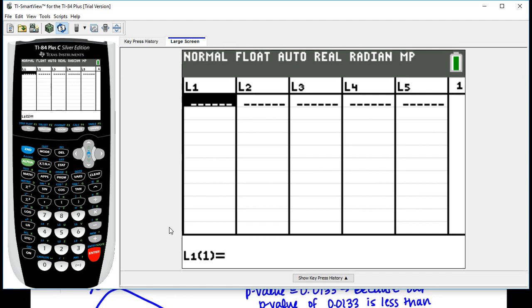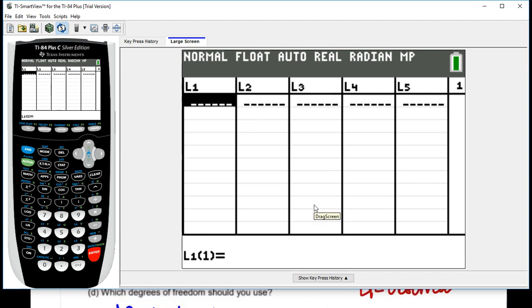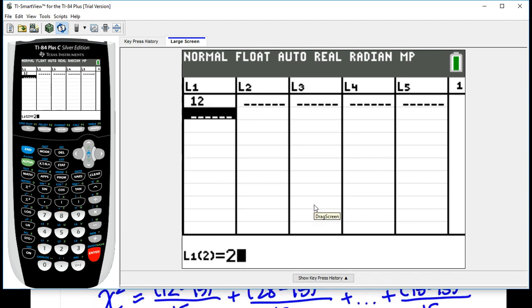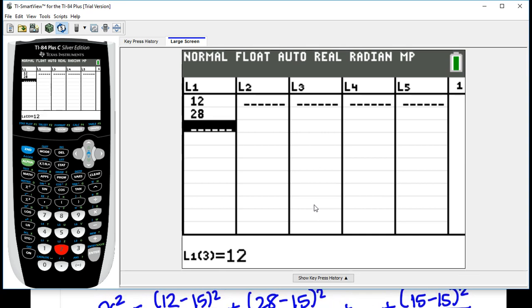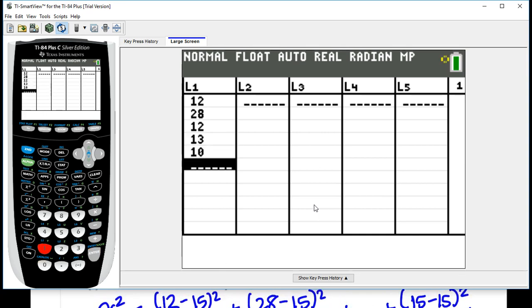So when I show this screen again, you'll see it. So I'm gonna put 12, 28, 12, 13, 10, 15. And we can kind of see that it looks like 2 came up way more than we expected, because that is the one that's the most, and we expect it to be equally likely.